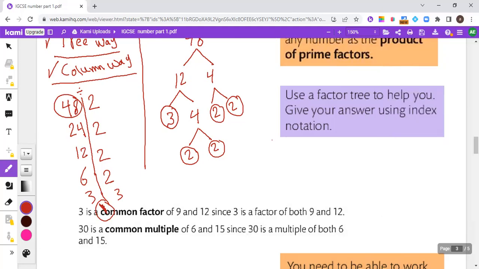Now, your question: express 36 as a product of prime factors. Please take 5 minutes, so you have to finish before 10:15.